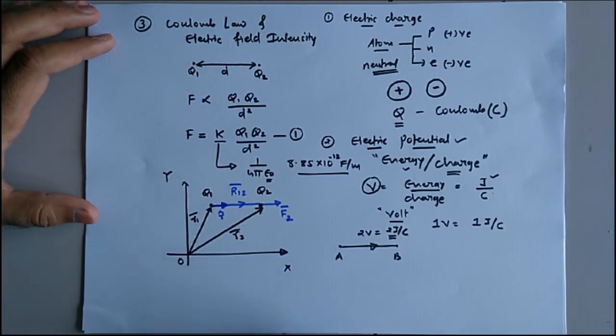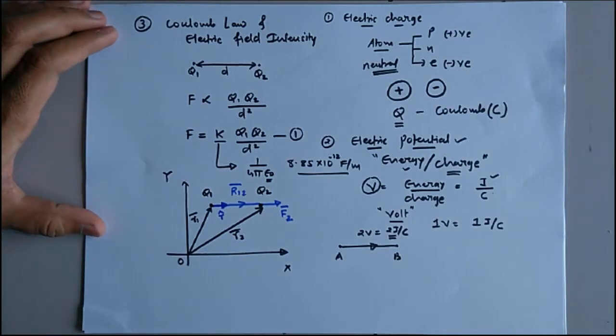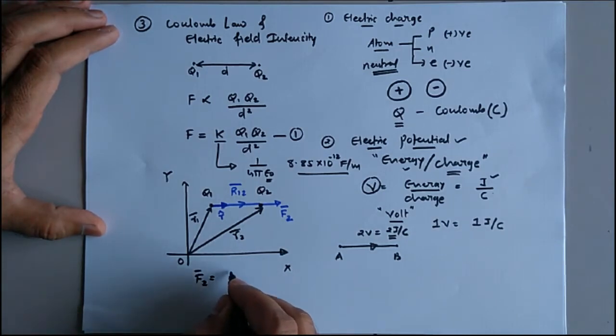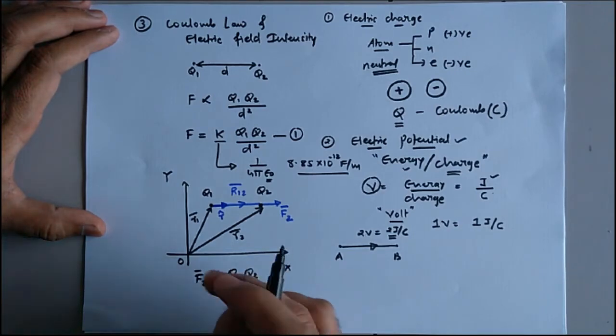Now let us try to write a mathematical expression of this force in the vector domain. We can write F2 bar equal to q1 multiplied by q2 whole divided by 4 pi epsilon naught multiplied by distance square.